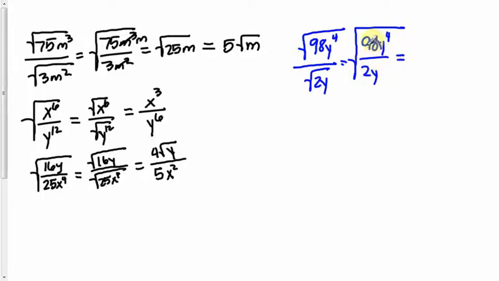So I know that 2 goes into 98 49 times. And y goes into y to the 4th, y to the 3rd.